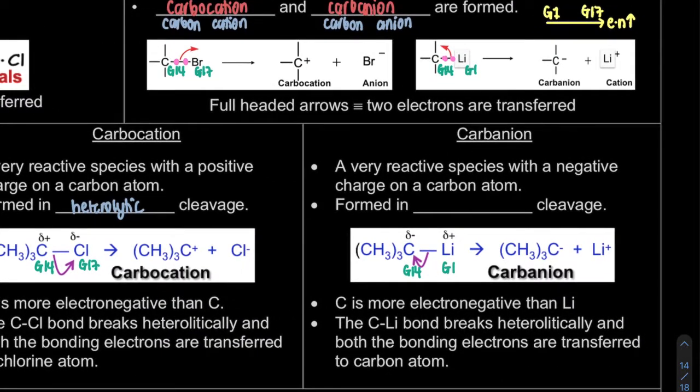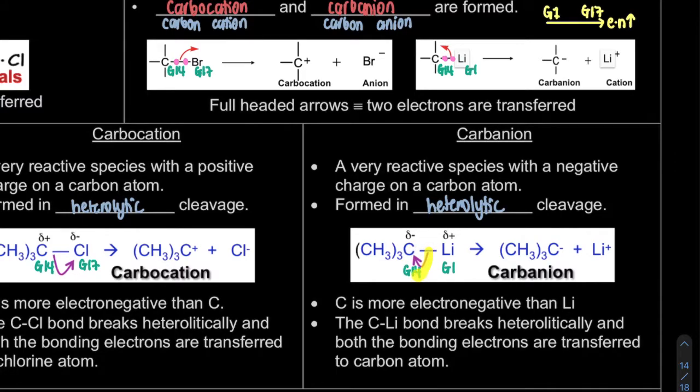And then the carbanion is also a very reactive species, with a negative charge on a carbon atom. Again, it forms from heterolytic cleavage. But in this case, carbon is more electronegative than lithium. Hence, when the bond breaks, the electron will be transferred to the carbon.